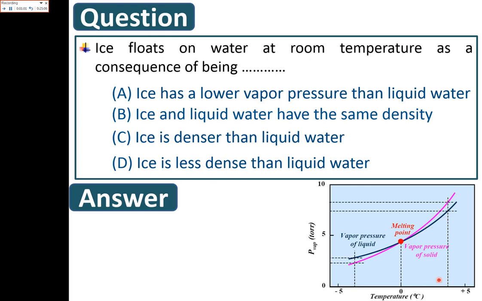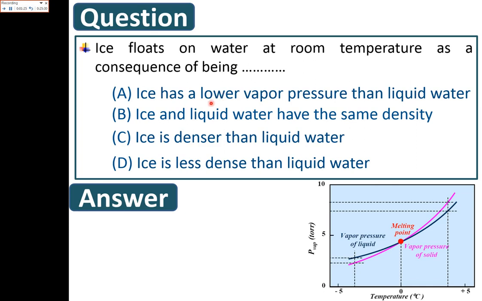So at room temperature, even at plus 5 degrees, we expect that the vapor pressure of the solid will be higher than the vapor pressure of the liquid, which is the opposite of the statement in number one here. So A is wrong for this question.